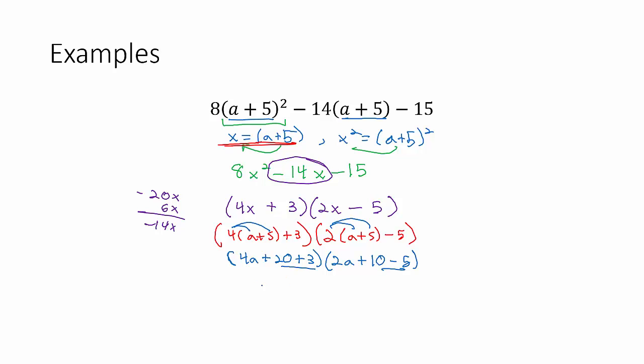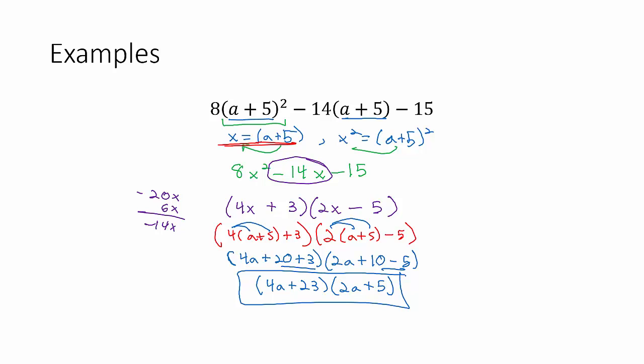We've got some like terms to combine. 4a plus 23 times 2a plus 5. And we have factored that polynomial.